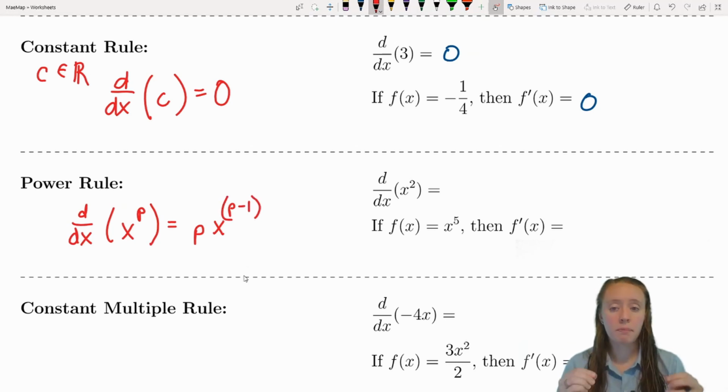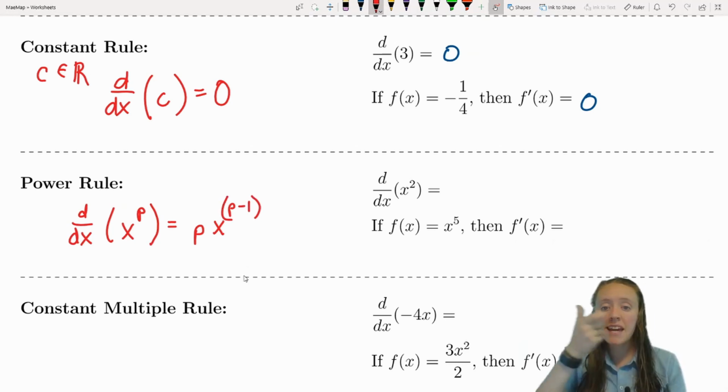So again, for the power rule, you drop that exponent of p down in front so that it's now multiplied, and then our new exponent is p minus 1.